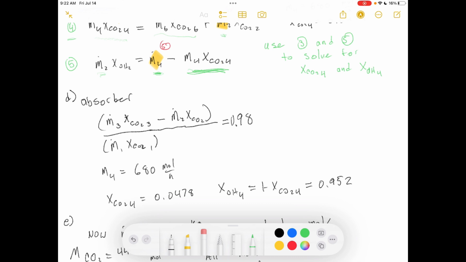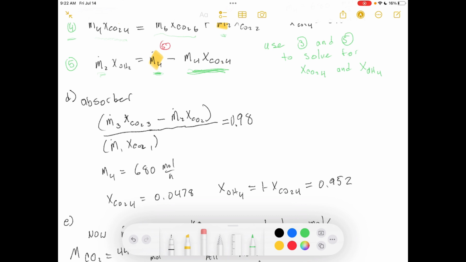Because stream 2 is getting cycled around. And so if we're just considering one pass, the CO2 that's in stream 2 is CO2 that did not get absorbed, right? So if I subtract that out of the CO2 that's leaving in stream 3, then I get 98%.